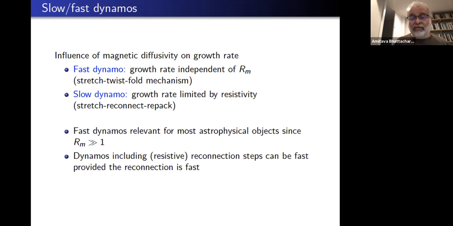And a lot of dynamo theory at its very inception was essentially reduced to a search of fast dynamos, because people did want to get to regimes where the effect of eta would be as small as possible.